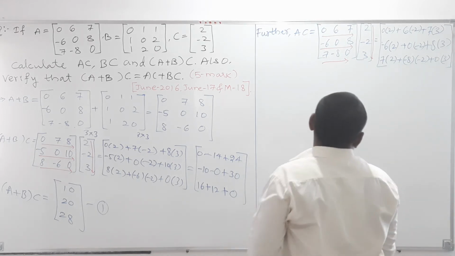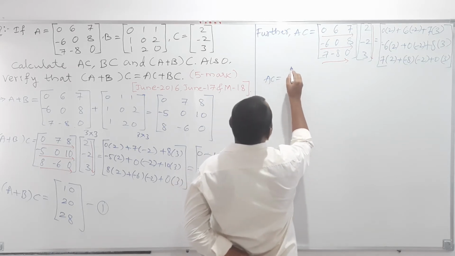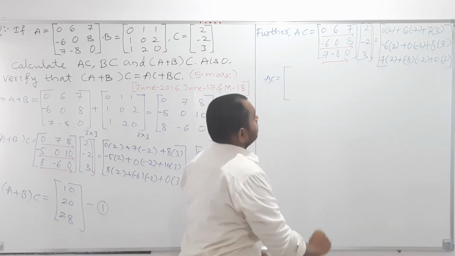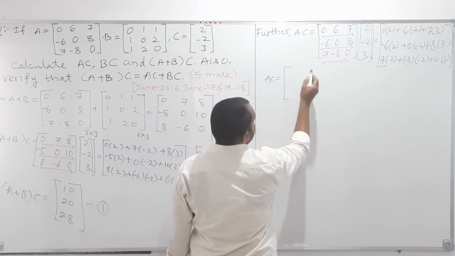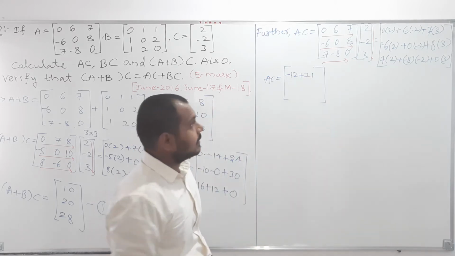So now further simplify this. So my dear students, AC is equal to, here it is 0 into 2 is 0, plus minus 6 2s are 12, plus here it is 7 3s are 21.